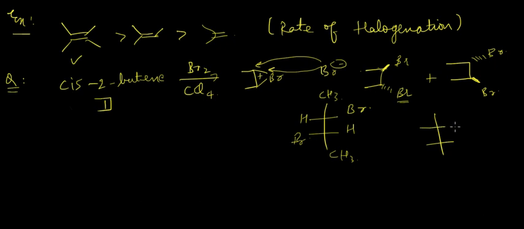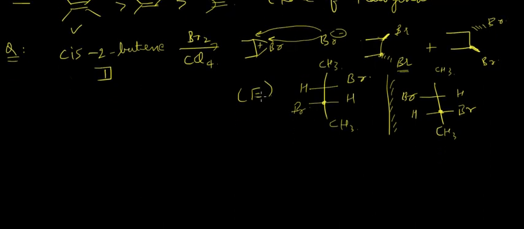For this thing the Fischer projection would be, actually I think in this case Br would be on the right hand side, H would be on the left hand side, CH3 here. This is the first carbon atom I'm talking about. Just marking it. Now in this case Br would be here, H and CH3. So can you see that the products formed are mirror images of each other, and a racemic mixture is formed in which these are enantiomers. Okay, this was the first example.